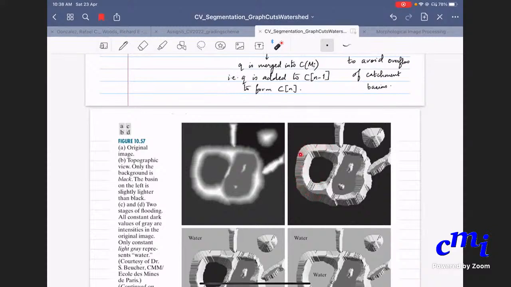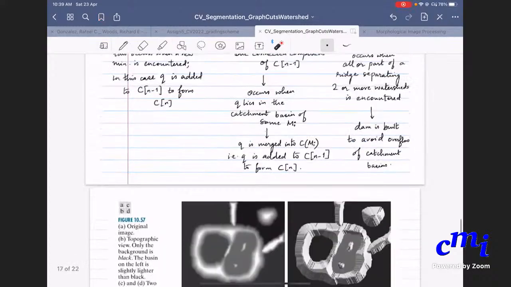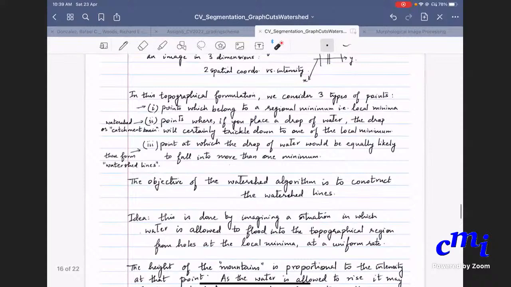Okay, so simply the regions that slope toward the minimum, those are watershed regions. So this is the watershed region for this minimum, and this outside is the watershed region for the outer minimum. This is the watershed region for the minimum that will occur here later on. Okay, and so on. So in this way, the entire image can be divided into these.